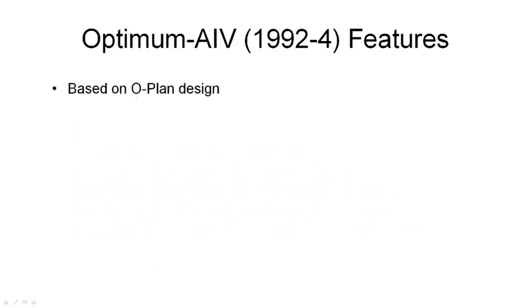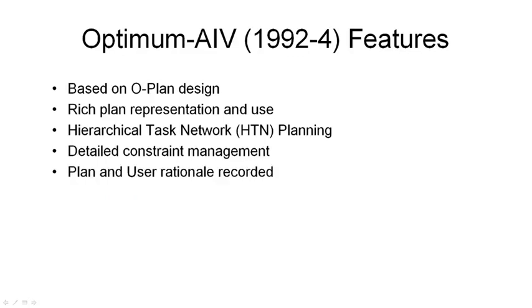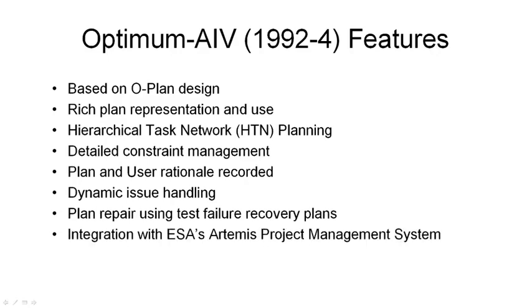Optimum AIV also used a rich plan representation, hierarchical task network planning, detail constraint management. Plan and user rationale were recorded. It could handle issues arising during plan execution and deal with these through plan repair using test failure recovery plans. It was integrated with European Space Agency's Artemis project management system.